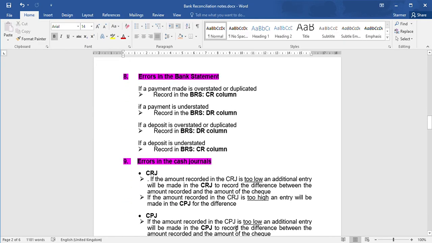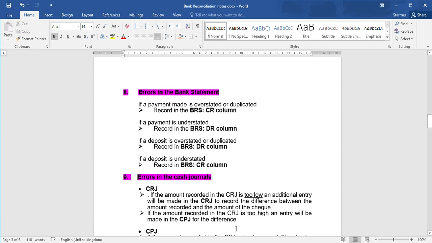If we make an error in our books, in one of our journals, in the CRJ, if you record the amount as too little, then you're going to need to record an additional entry in the CRJ to actually update your cash receipts journal. If the amount recorded in the CRJ is too high, then to decrease your bank account, you will need to make an entry in the cash payments journal.